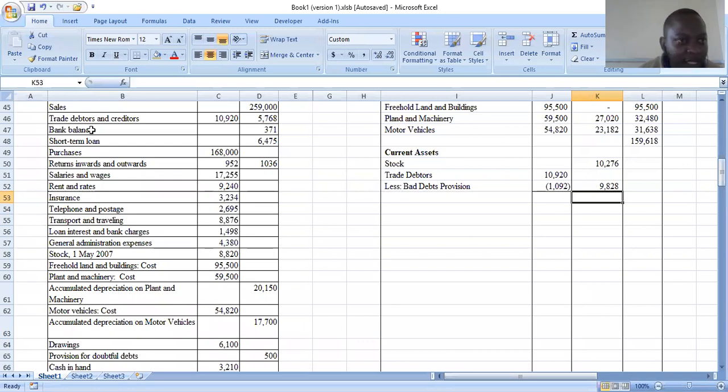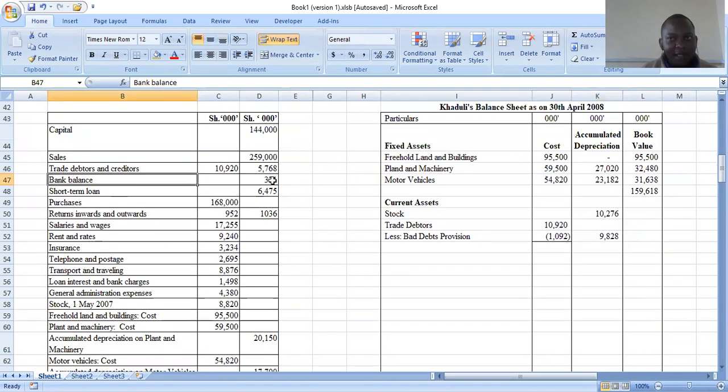Anyway, so after trade debtors, any other current asset? We have a bank balance that is on the credit side. This is an overdraft. So it's not a current asset. The bank balance, we in agreement there?